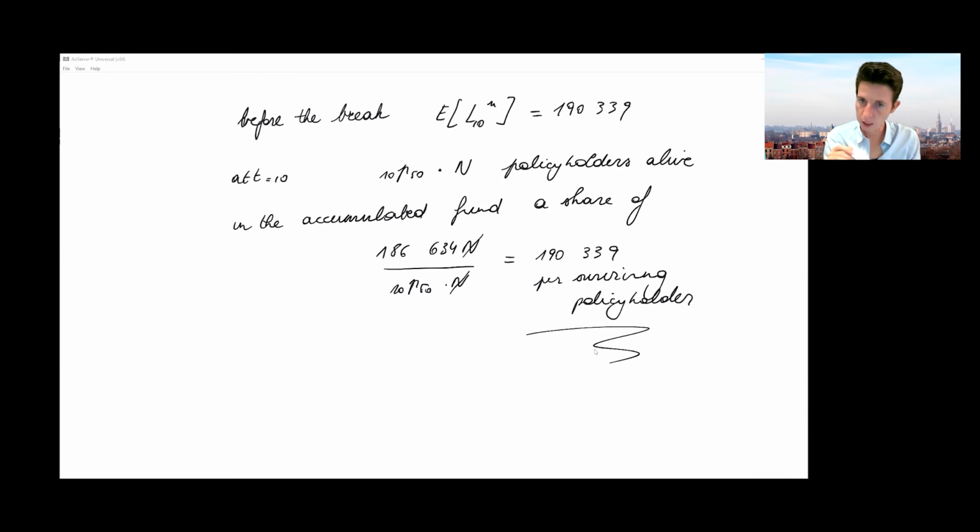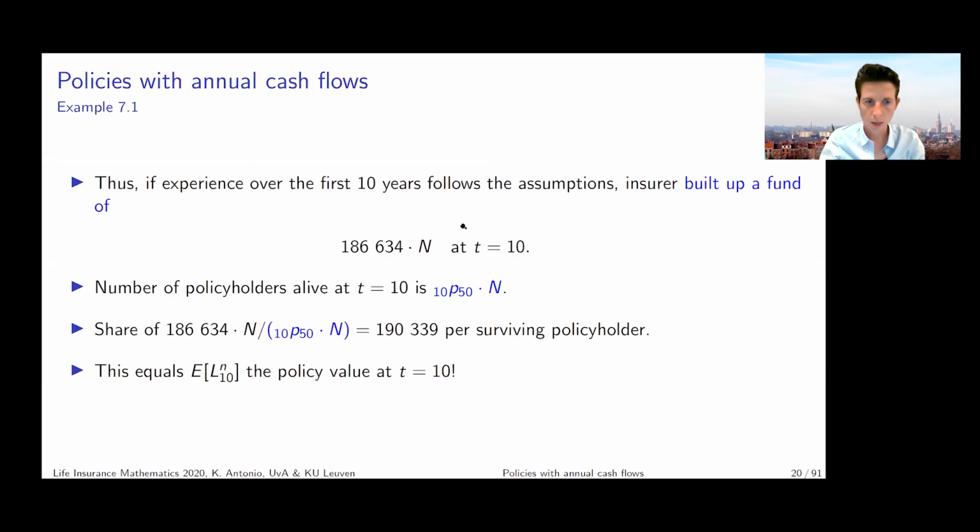What is the accumulated value of this cash? So what is the fund that has been built up? And I compared it to the number of surviving policyholders, and calculated an amount available in the fund per surviving policyholder, and you see that that corresponds to the policy value as we calculated it before, right?